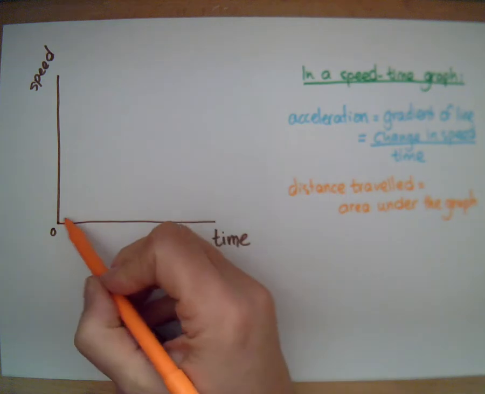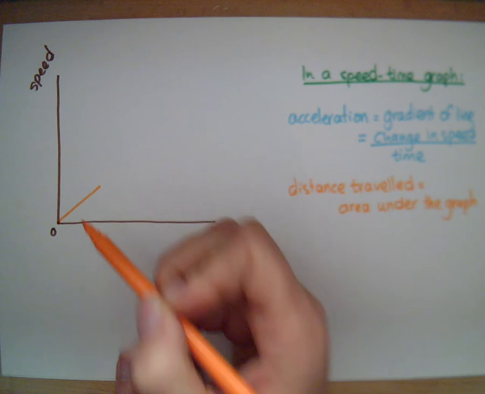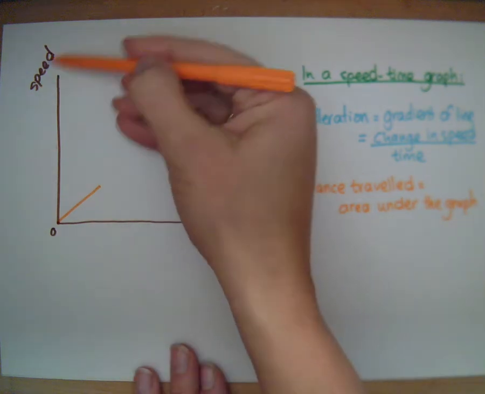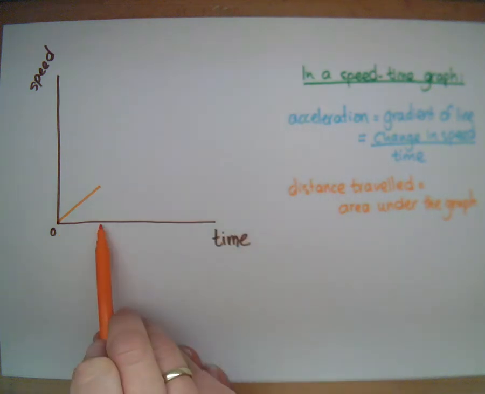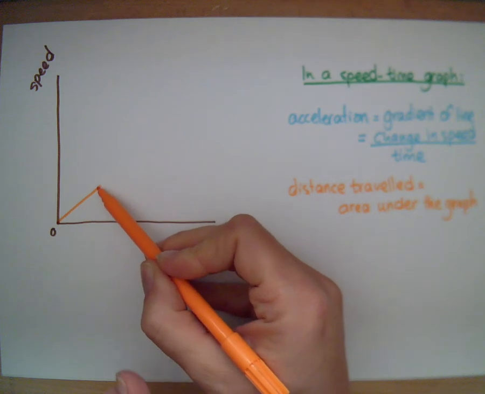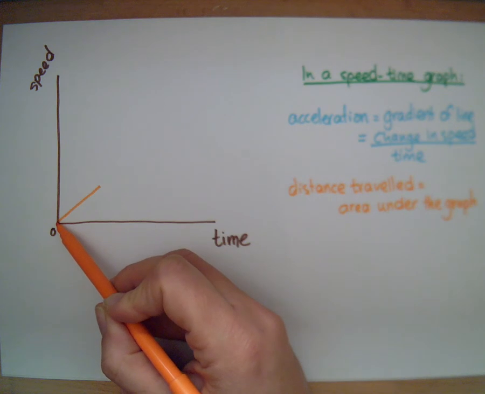And I'm going to do this. Now, what does that mean? This is not distance, this is now speed. So, over this time period, our speed is increasing. If I'm on a moped, my moped is stationary, right?